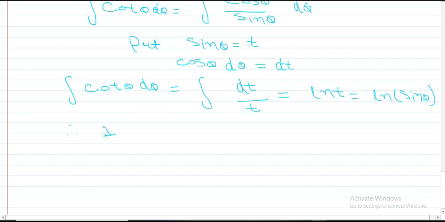Therefore integrating factor equals e raised to the power 2 ln sin theta, right?